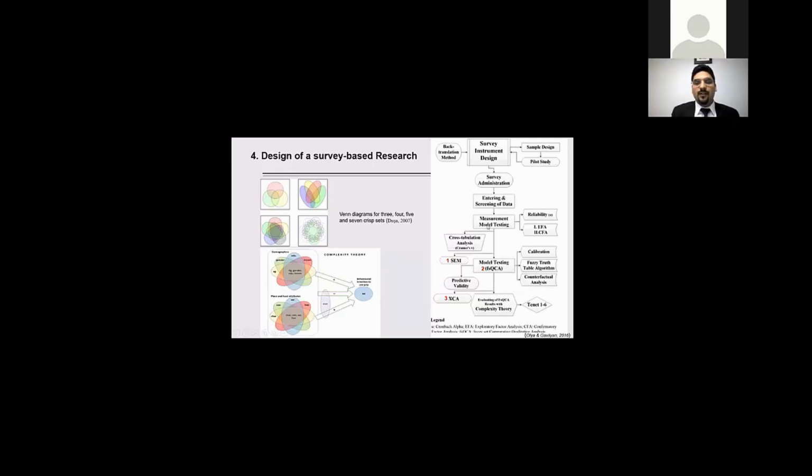Then you need to check the measurement model using measures like Cronbach's alpha and composite reliability for the reliability of your measurements, and you can also check the validity of the measurements using EFA, exploratory factor analysis, and CFA, confirmatory factor analysis.